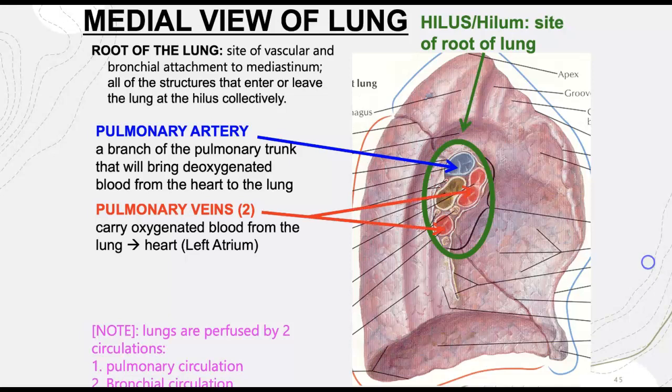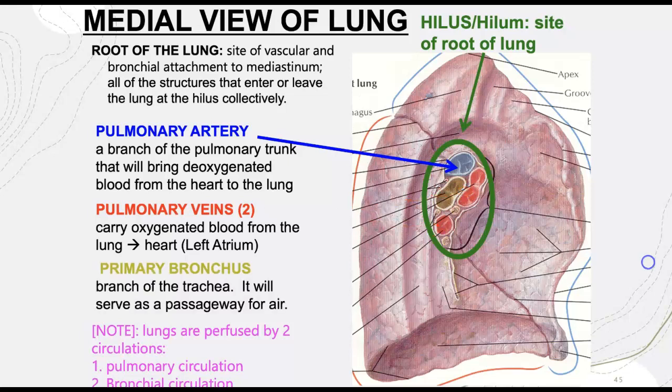We are going to have 2 pulmonary veins that are going to carry oxygenated blood from the lung back to the heart, and specifically empty into the left atrium. And lastly, we will have 1 primary bronchus, which is a branch of that trachea and will serve as a passageway of air.